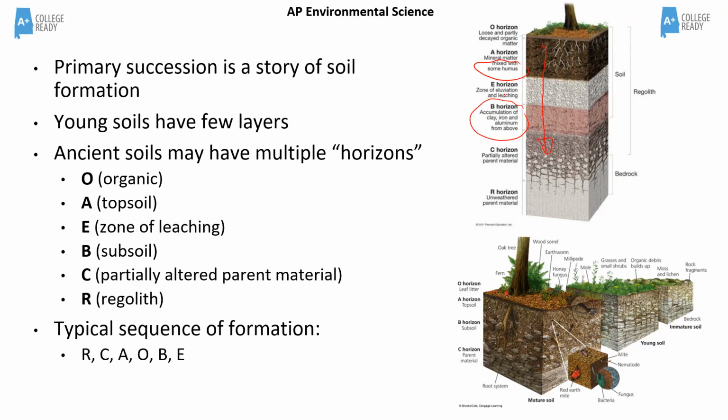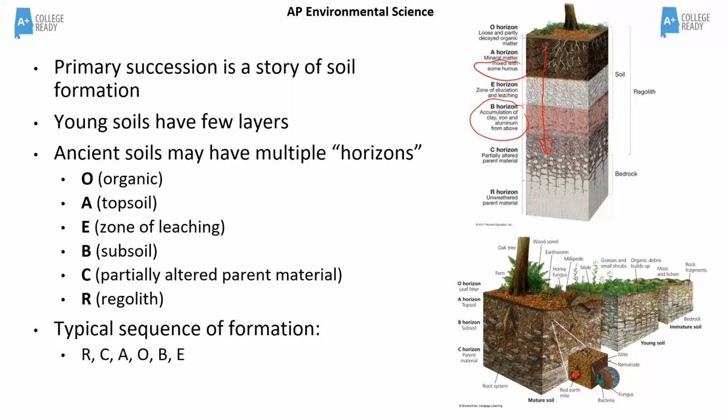Okay, so that's why I've put the typical sequence of formation of soil. It doesn't always work this way, but obviously a very, very ancient mature soil may have all of these horizons present, but a young soil may not. Typically, you always start with the regolith, the R horizon, the unaltered parent material, which then your early successional communities go to work on, creating the C horizon, where you get weathering happening, the breaking up of that rock into smaller and smaller particles.